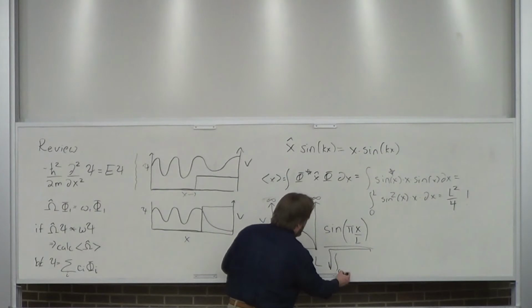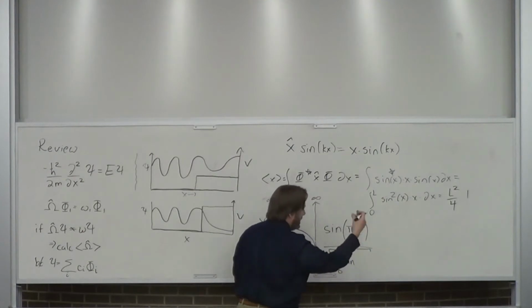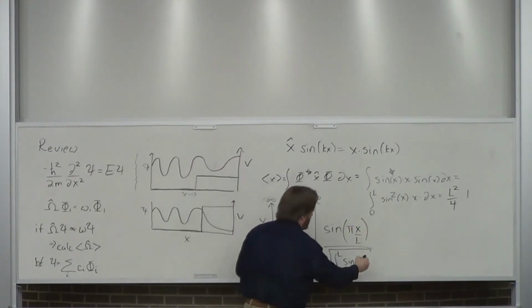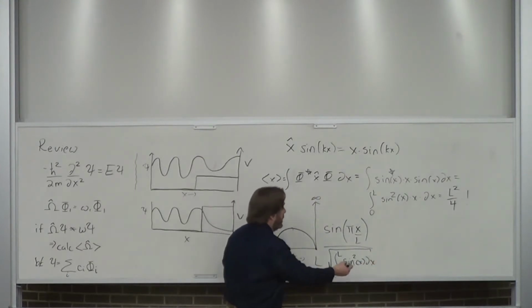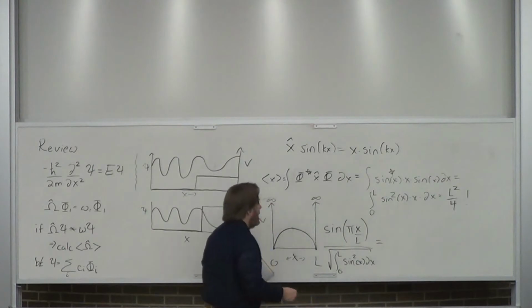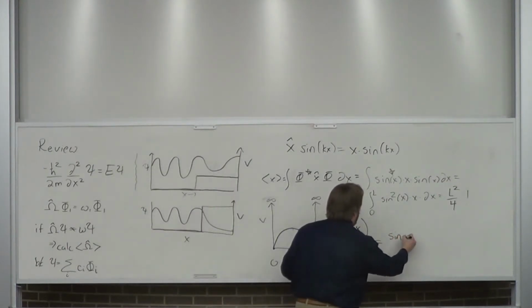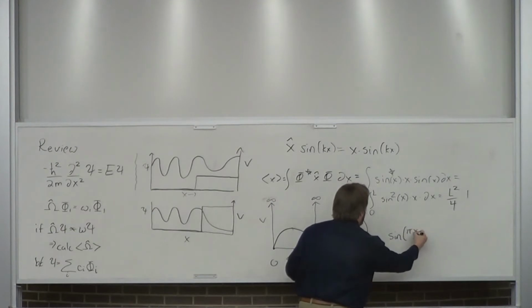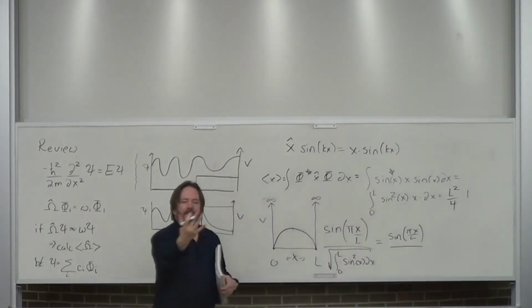Now, I happen to know how to normalize it, and if you need to know the formula, it's on the exam. If not, whatever. So the correct normalization is the square root of the integral of the function squared. Complex conjugate function, but in this case it's just sine squared. Okay, so this is the real wave function. Now the business end stays put. Nothing happens. What's on the bottom?